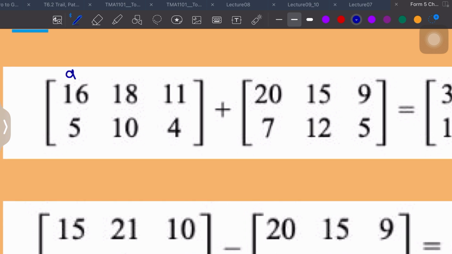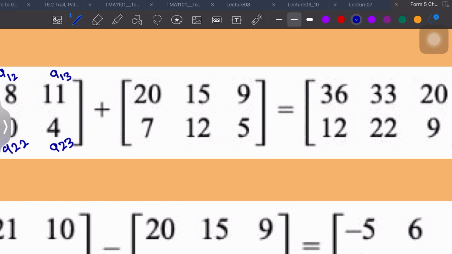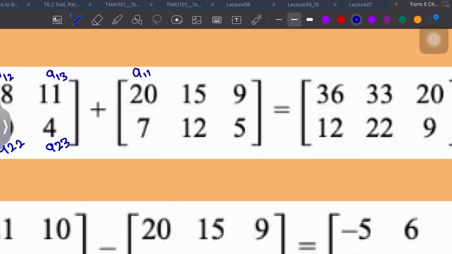You see A: first row, first column, first row, second column, first row, third column, second row, first column, second row, second column, second row, third column. Same goes to here, and also here.